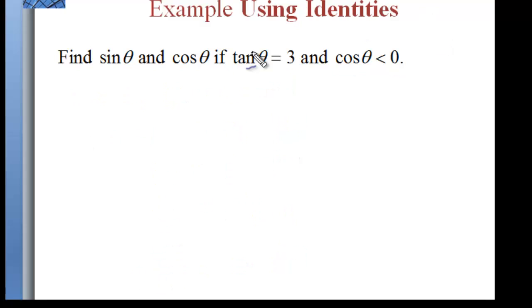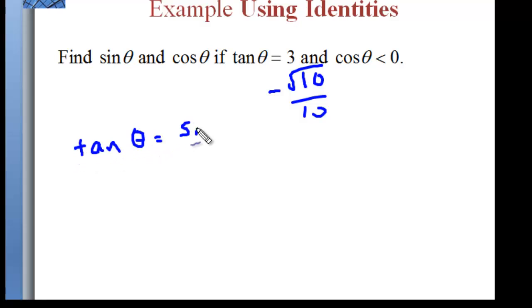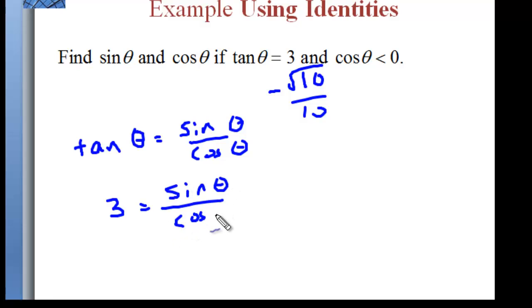So now we know the tangent, we know the cosine, which is negative root 10 over 10, and we can go right to tangent is sine over cosine, and tangent is 3, so we have sine theta over negative root 10 over 10.